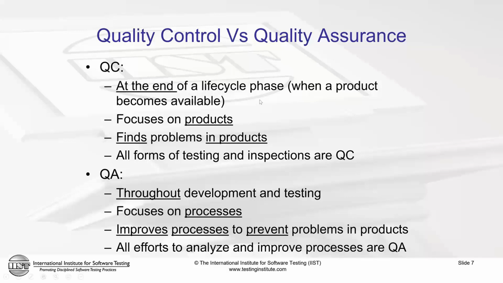Quality control, if you are focusing on a product, keep that in mind. If you are looking at a product and all that you're trying to do is to find defects or problems in that product, and normally it happens at the end of a life cycle, at the end of when a product is already produced. Okay, if you are focusing on finding those problems, if that's all what you're doing, like what we're doing in testing, then that's quality control.